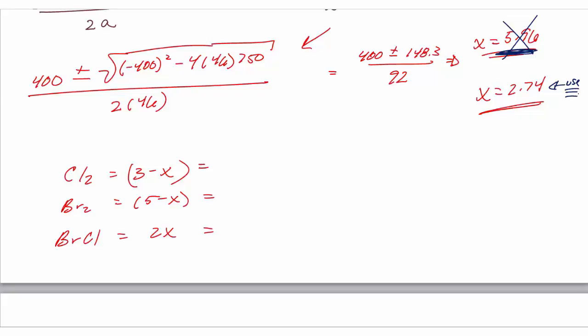So 3 minus 2.74 is about 0.26. 5 minus 2.74 is about 2.26. And 2 times 2.74 is about 5.48.